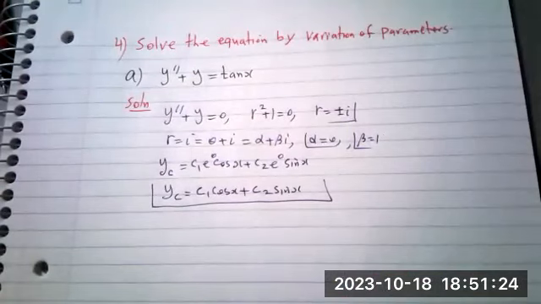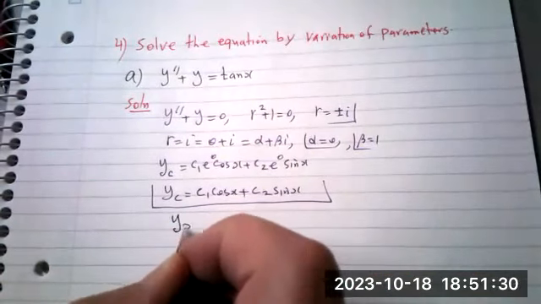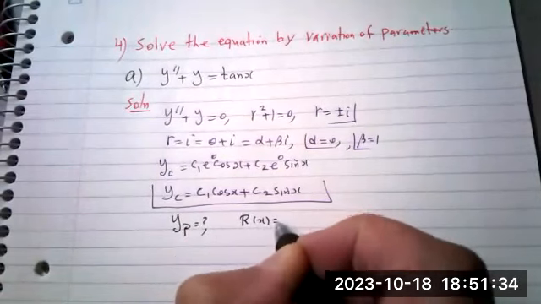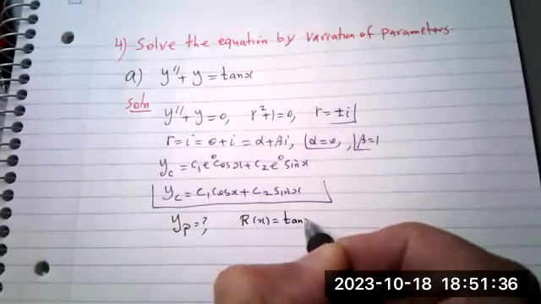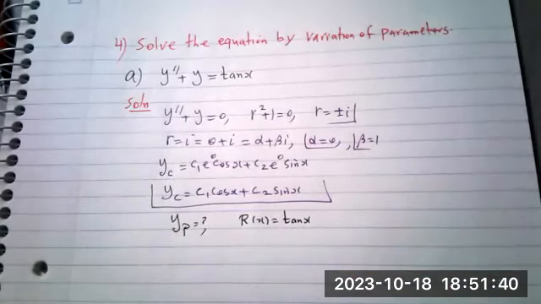Now, in order to get the YP, we need to use the variation of the parameter method. R of x is tangent. Make sure that the coefficient of y double prime is 1 when you pick the R of x, and this is true for this one. So we are fine.